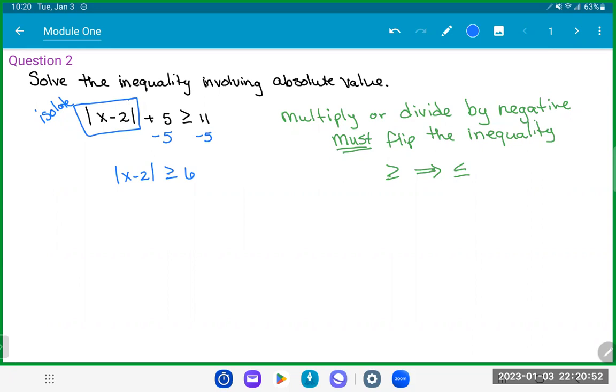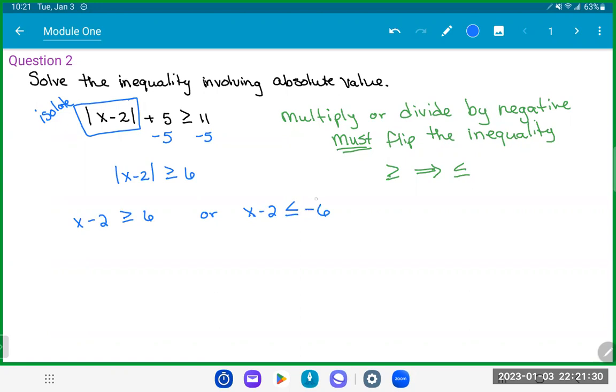Now that our absolute value is the only thing on the left-hand side, the rule for absolute values is that we need to split this out. We can drop the absolute value signs: either x minus 2 is greater than or equal to 6, or x minus 2 is less than or equal to negative 6.